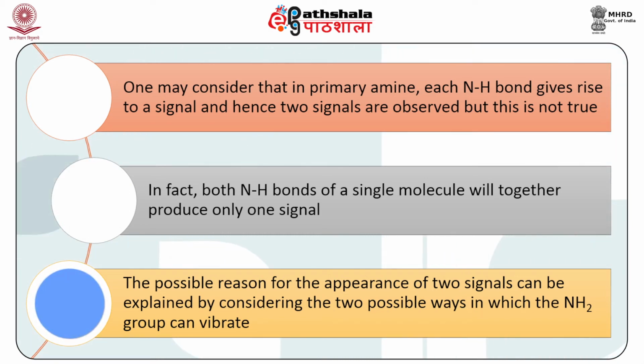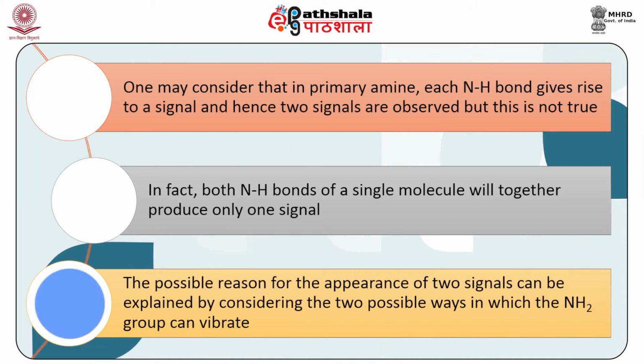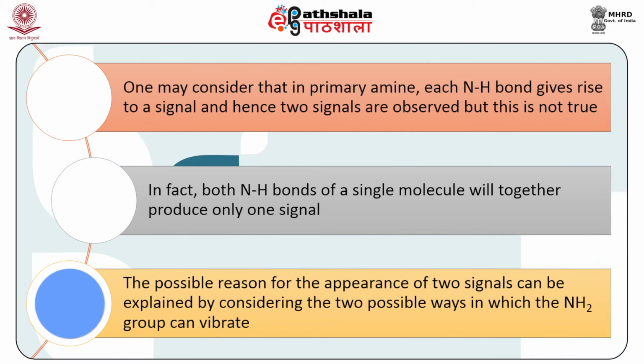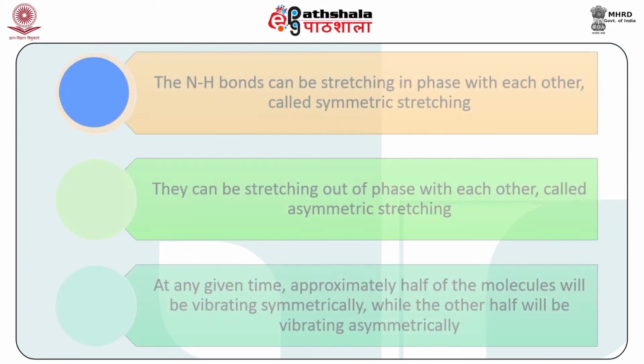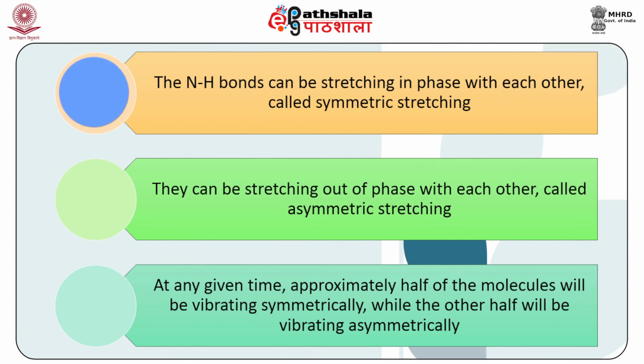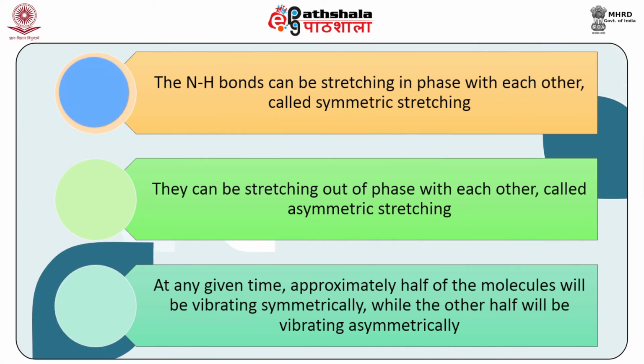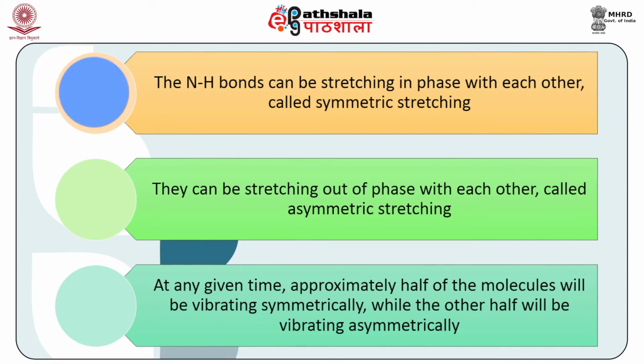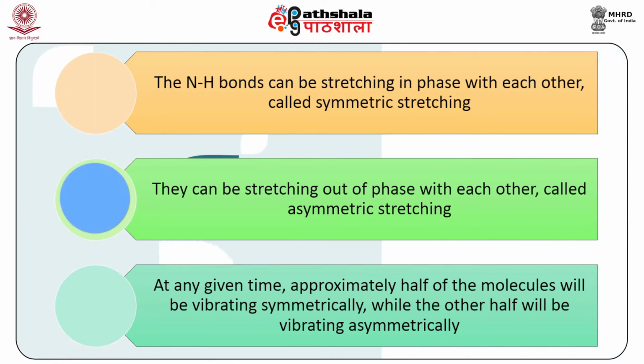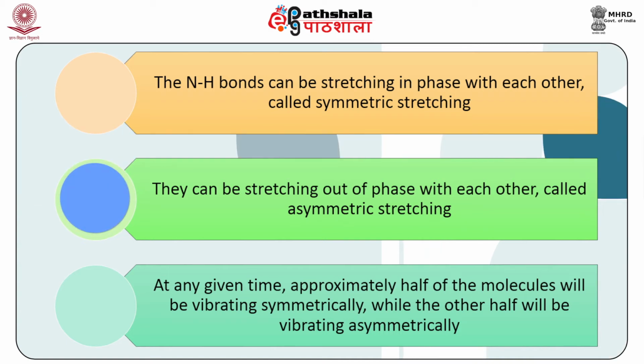The possible reason for the appearance of 2 signals can be explained by considering the 2 possible ways in which the NH2 group can vibrate. The NH bonds can be stretching in phase with each other, called the symmetric stretching, or they can be stretching out of phase with each other, also known as asymmetric stretching.